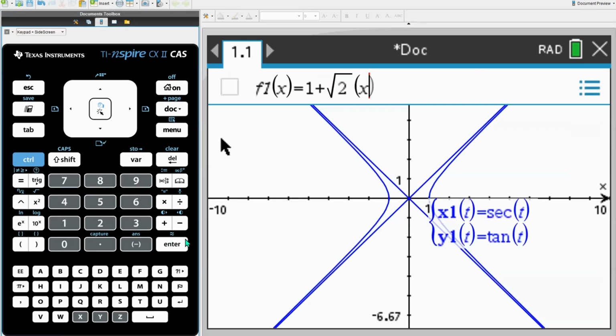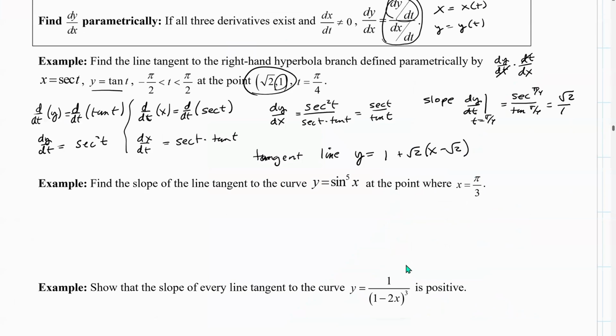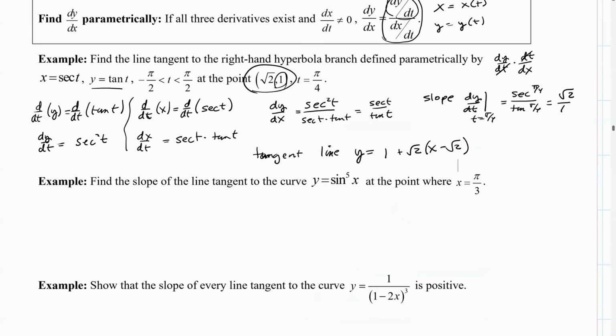Okay. X minus root 2. All right. I hit enter. All right. And does it look like the big thick blue line is tangent to the thin blue line? It does to me. All right. So those parametric curves, again, they move as the value of t changes, and we can still find tangent lines. All right, let's go ahead and do these other examples.